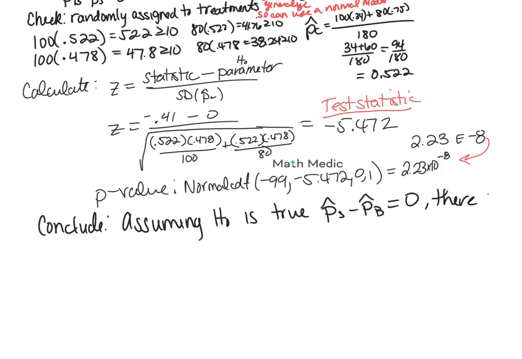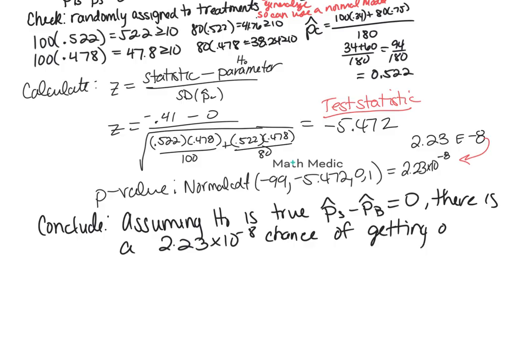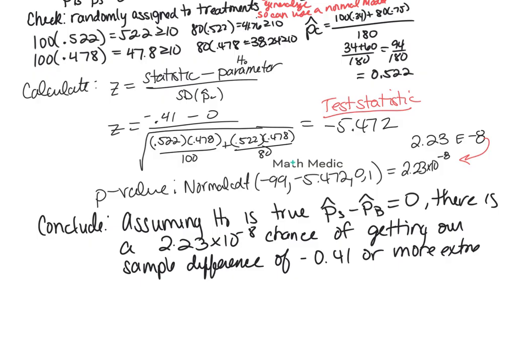So there is a p-value chance, that's 2.23 times 10 to the negative 8, chance or probability of getting our sample difference of negative 0.41 or more extreme purely by chance.